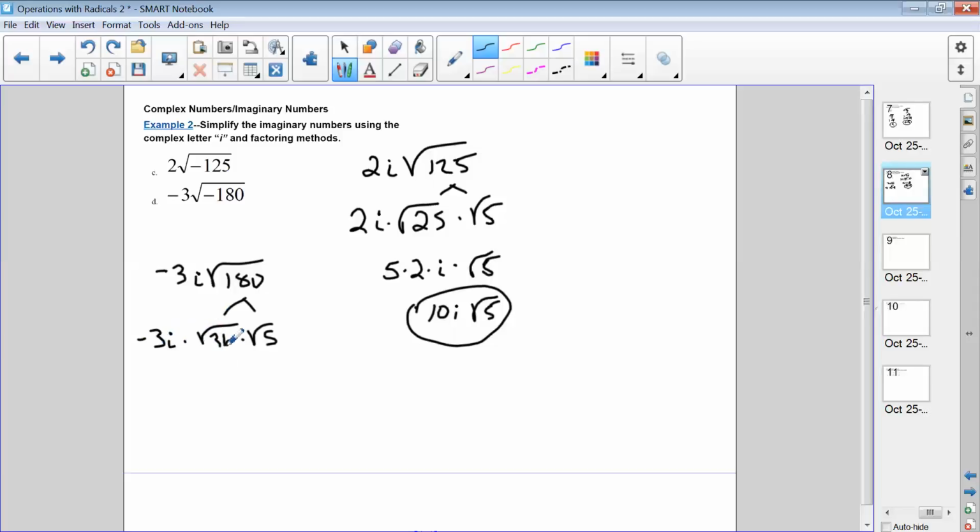The square root of 36 is my perfect square, so that's going to become 6 times negative 3i. Simplify it all, I get negative 18i times the square root of 5. And that would be your simplified form of negative 3 times the square root of negative 180.